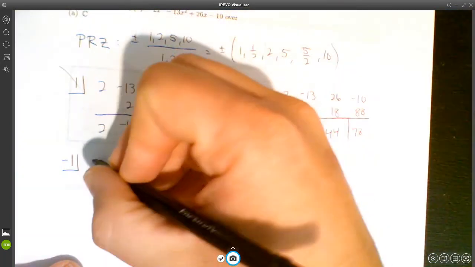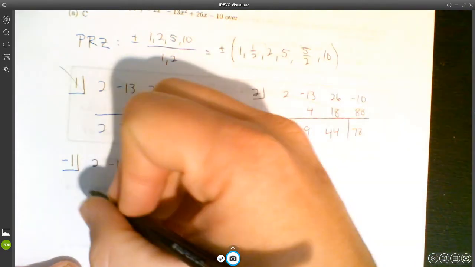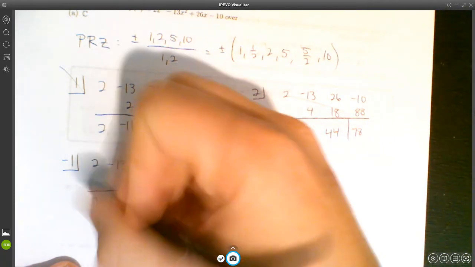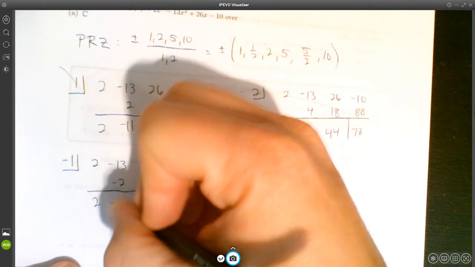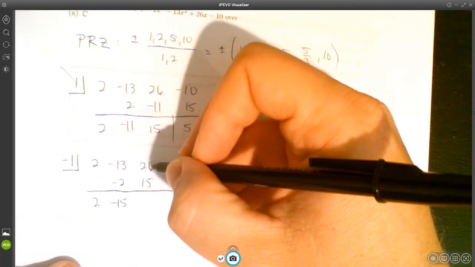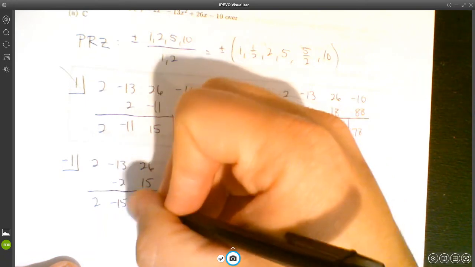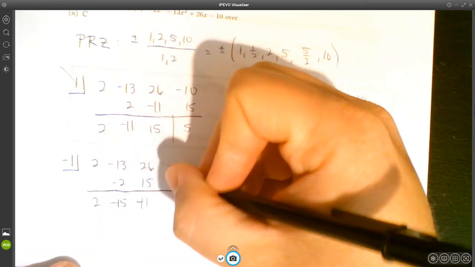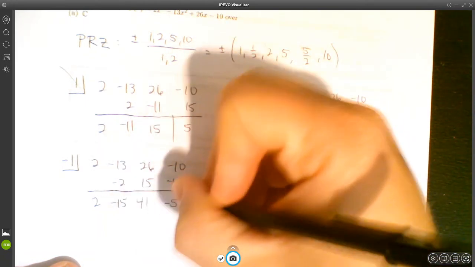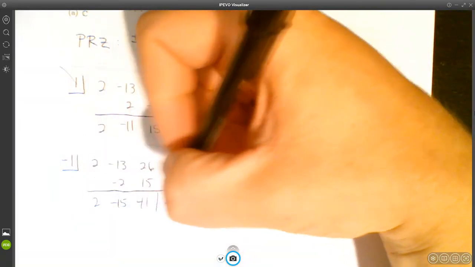But let's test negative 1. So I've got 2, negative 2, negative 15, positive 15. 26 plus 15, so that's what? 41, negative 41, negative 51. Oh, so I get this row of alternating numbers, right?